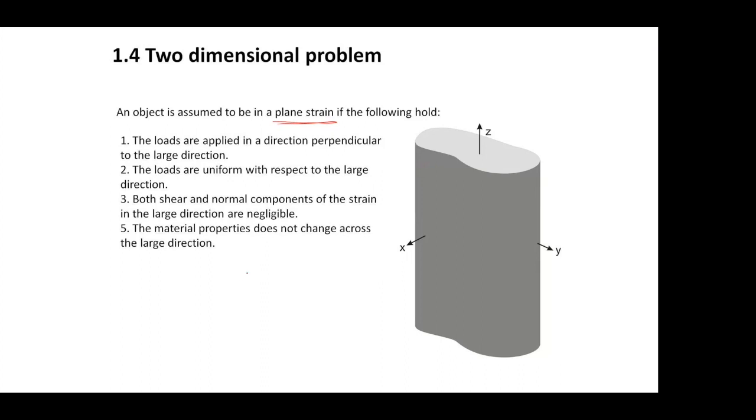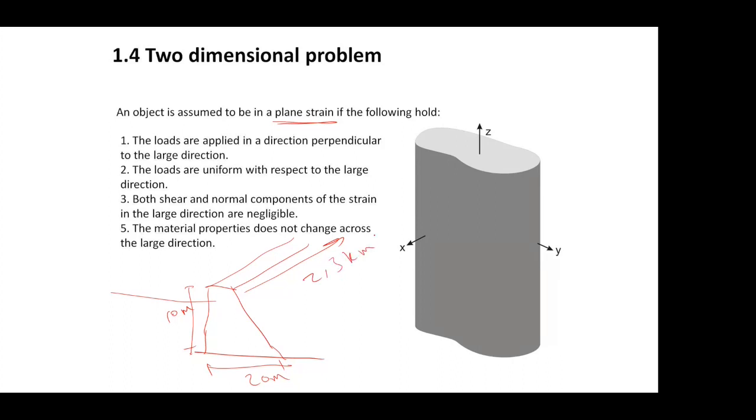Now, I'm thinking, for example, if you consider a problem of a dam, a water dam, and the water dam is really long, the dimensions in this case are probably 10 meters, and then this will be probably 20 meters. But then the length of this dam, we're talking about probably 2 or 3 kilometers.